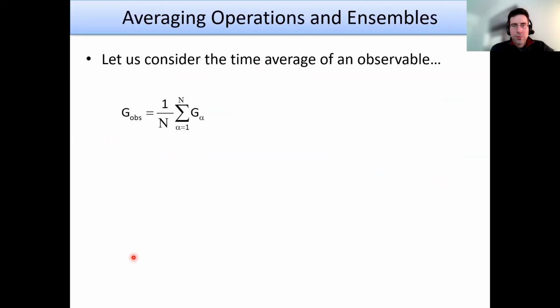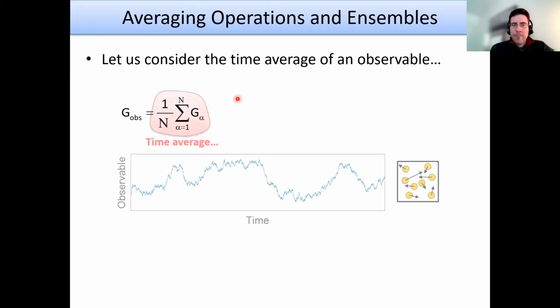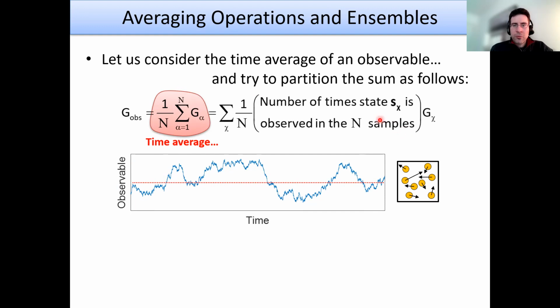Okay, so let us now consider the time average of an observable. We will assume that this is a time average, the way I've written it here. Here is our observable. We plot it over time. We see this kind of stochastic random walk, right? We have the fluctuations. Okay, so we're going to try to partition the sum as follows.